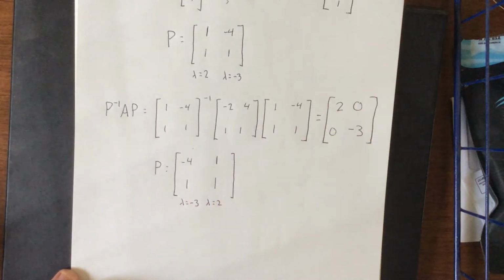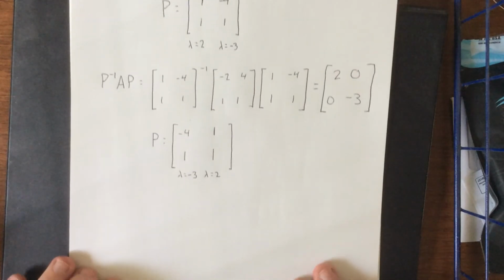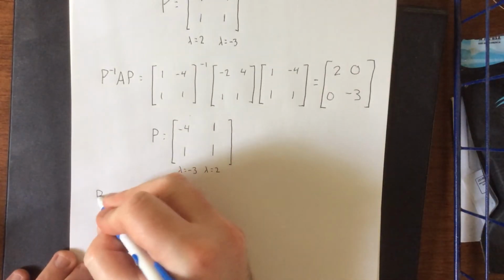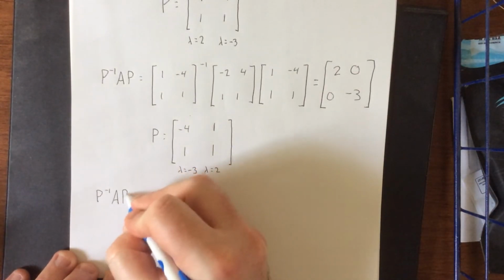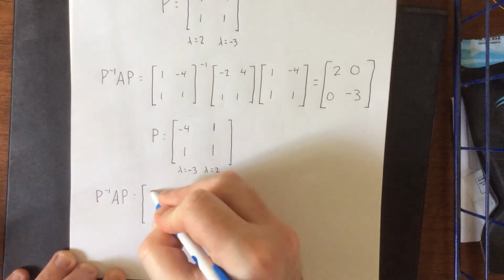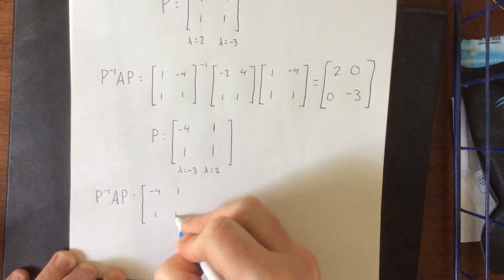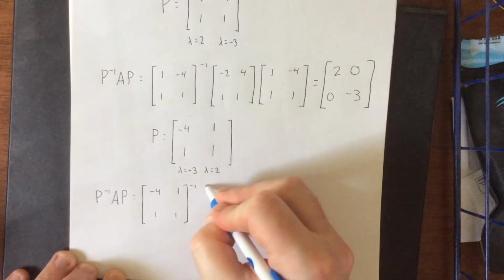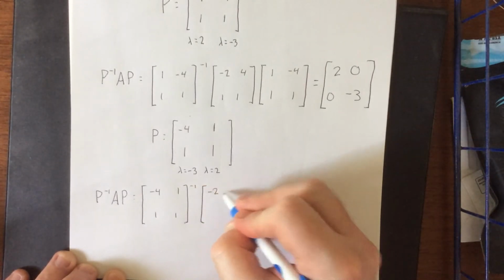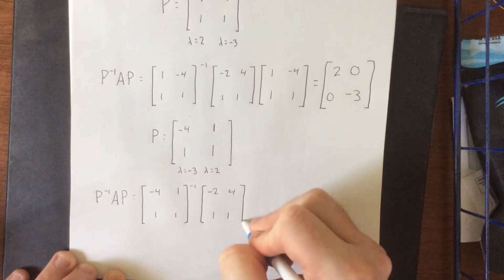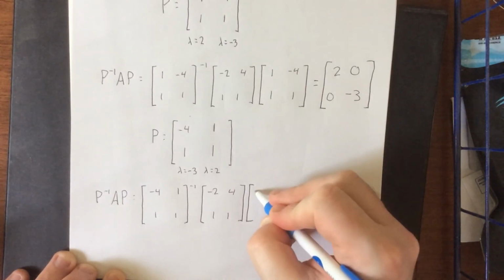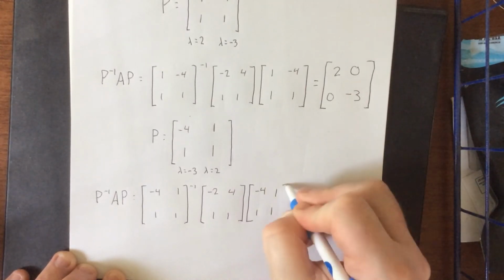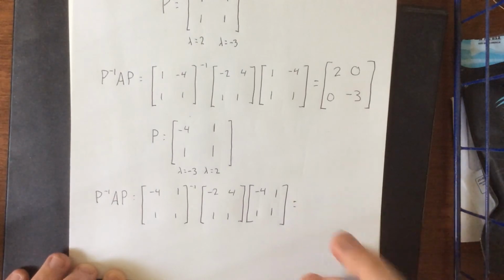It just means that when we do so, the 2 and the negative 3 will be in the opposite positions. So, once again, we'll multiply P inverse times A times P, which will be negative 4, 1, 1, 1, inverse, times negative 2, 4, 1, 1, times negative 4, 1, 1, 1.